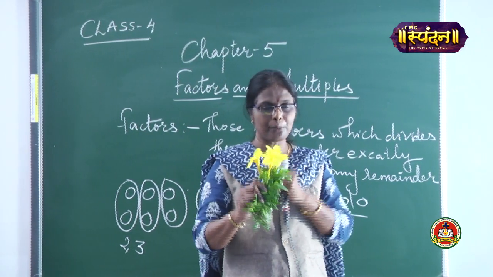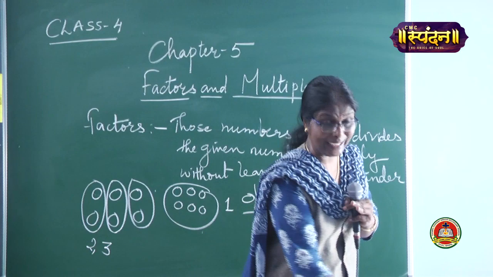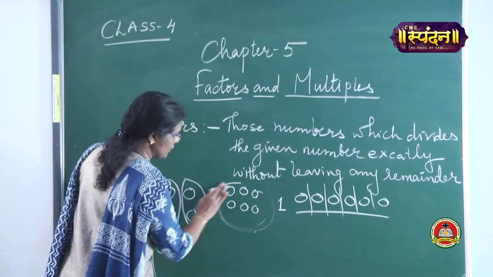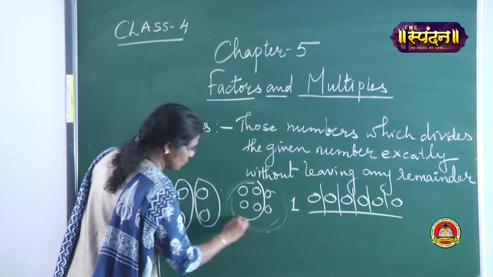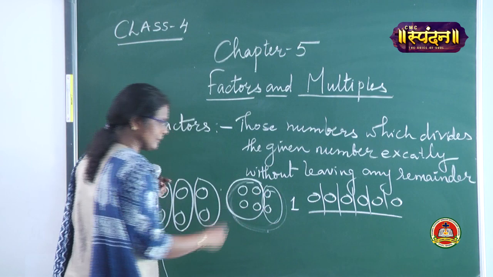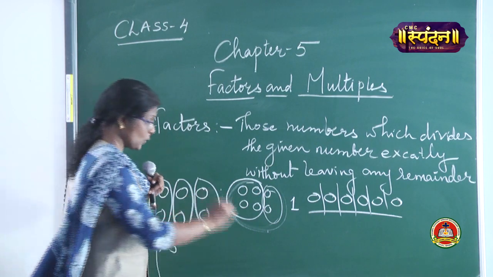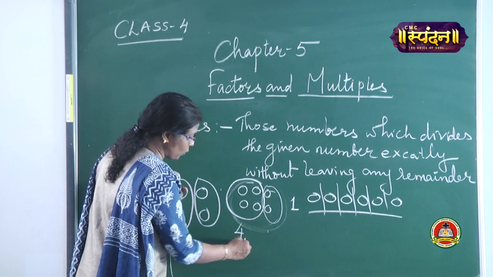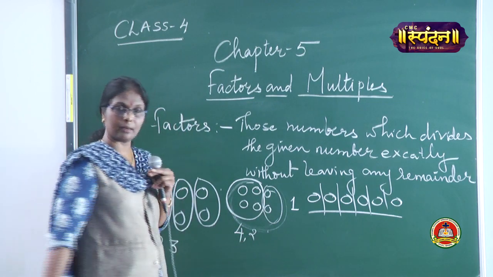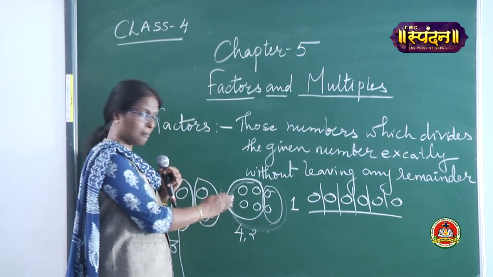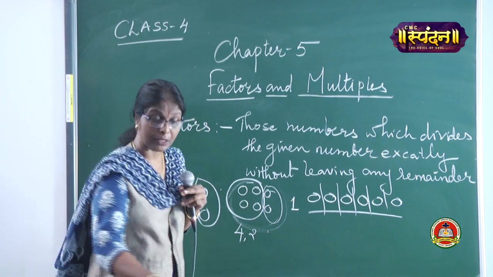It is not dividing this into equal parts. How much is left out here? 2 is left out. That means 2 is a remainder. So we cannot make a bunch of 4 flowers because there you find a remainder.